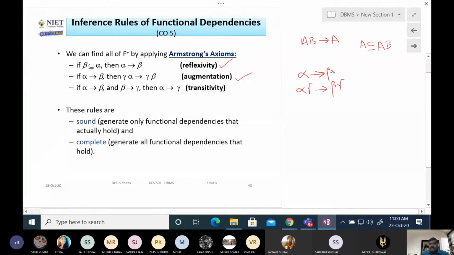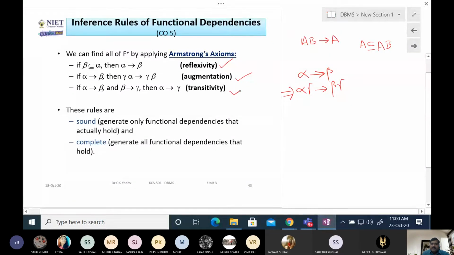If alpha determines beta, then this implies alpha gamma determines beta gamma. And this rule is called augmentation rule. Why? Because we augment both sides of this FD with gamma.